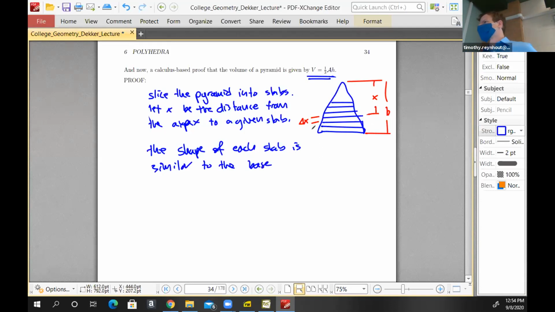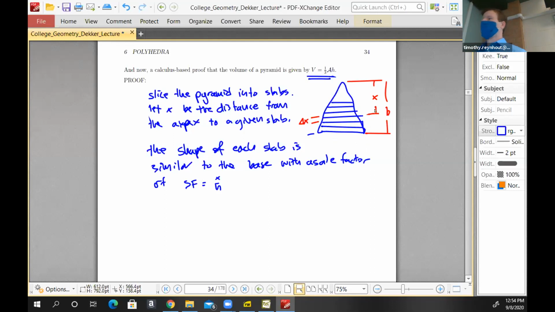If we consider the base, then as we move upwards, each slab is going to be the same shape. They're just getting smaller and smaller as we move up. So the shape of each slab is similar to the base with a scale factor SF equal to x over h.